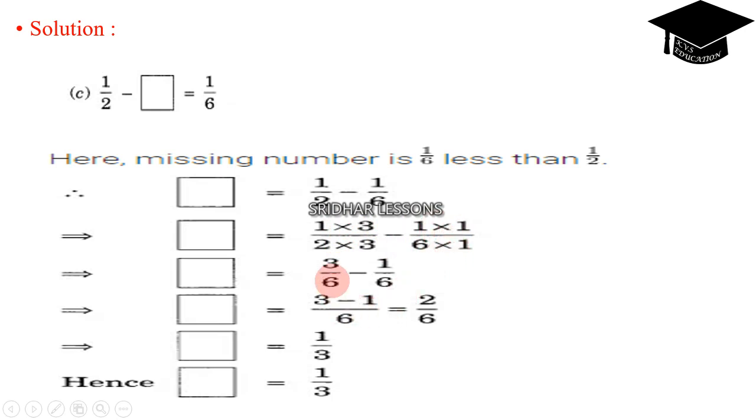So this will become 3 by 6 minus 1 by 6. The denominators are the same. 3 minus 1 by 6 is equal to 2 by 6. 2 by 6 can be further cancelled as 1 by 3. So the missing number is 1 by 3.